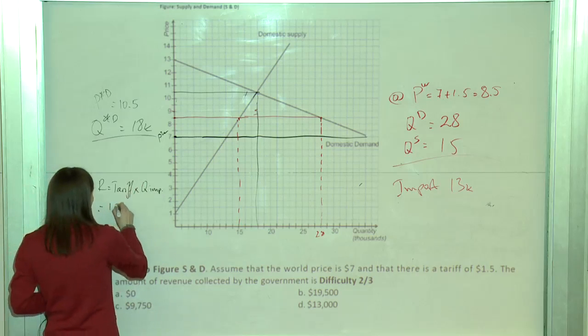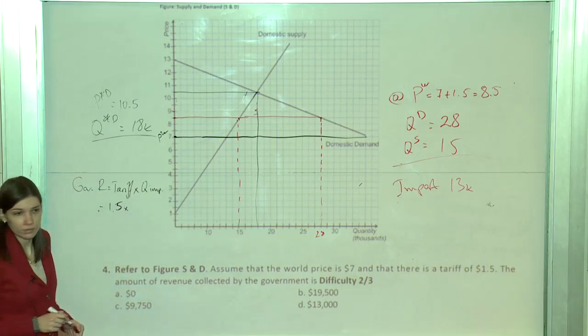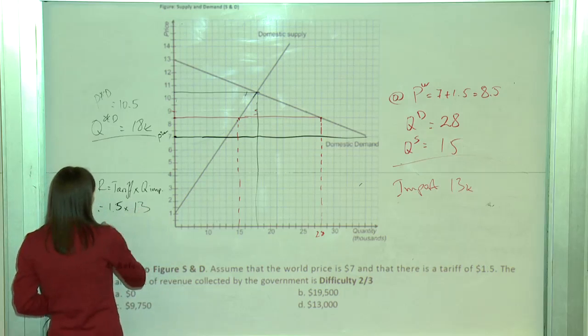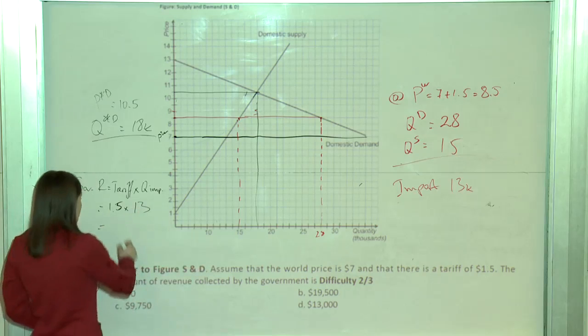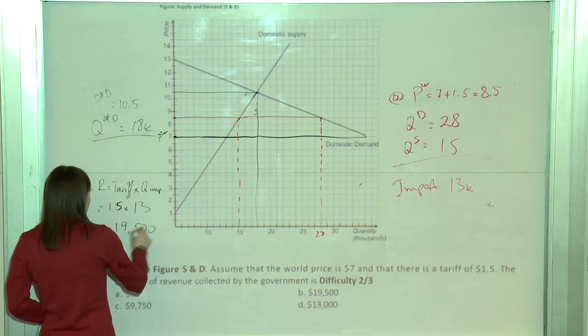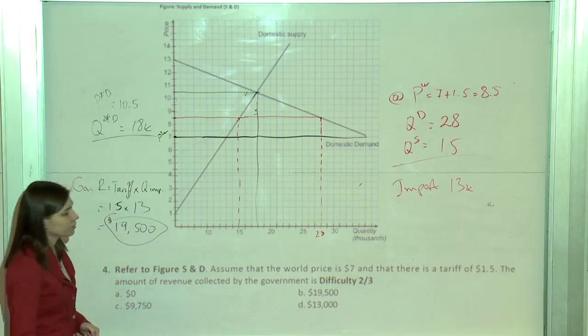We know what it is. And we saw that they're going to import 13,000 units. So what is that? 19,500, right? That's how much the government will get.